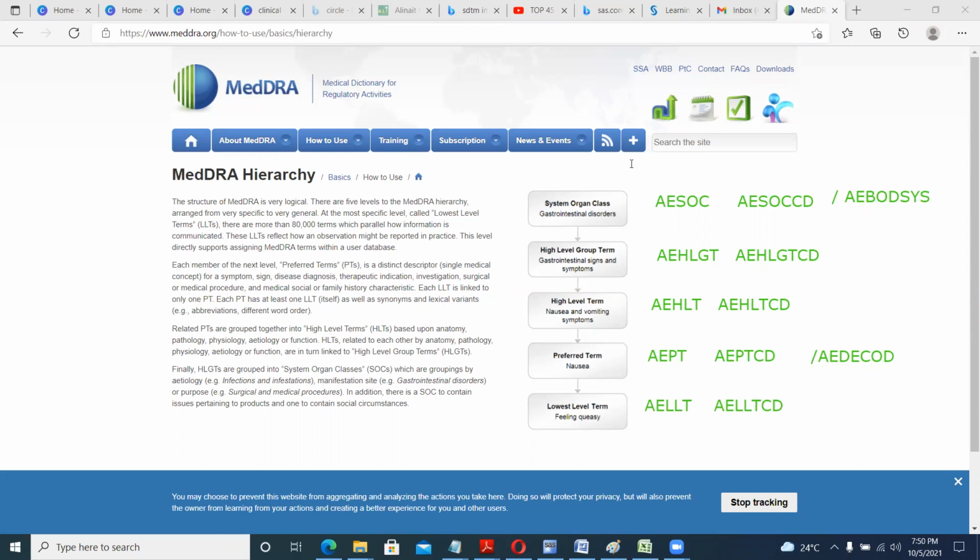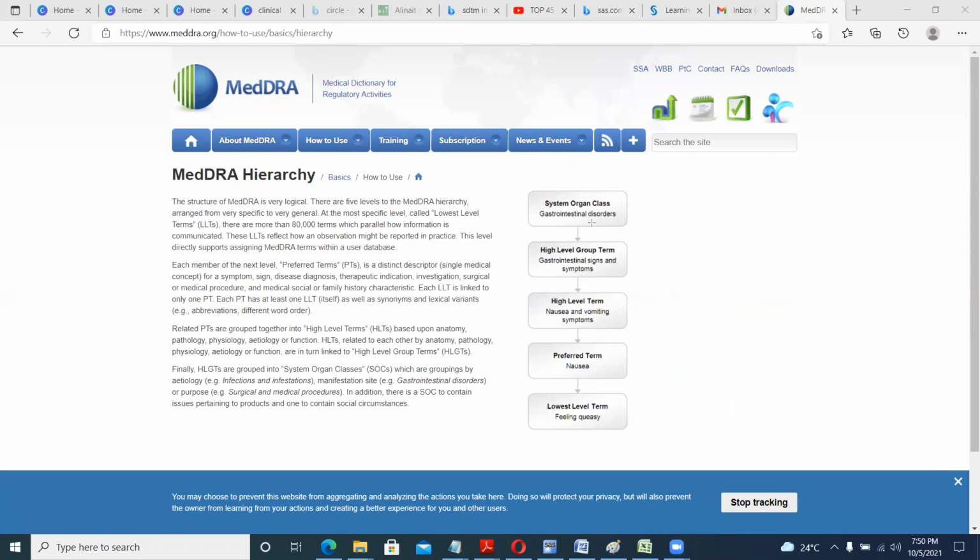Only SOC, HLGT and so on are raw data variables. So you need to convert SOC to AE body sys, HLT to AEHLT or AEHLTCD, and preferred term to AE decode. These two names will be changed; the rest of the names will be the same. But before that, you should add the AE prefix. I hope this is clear, everybody.